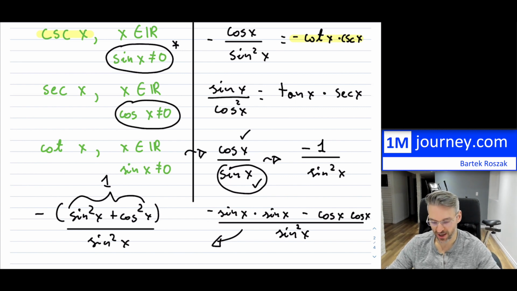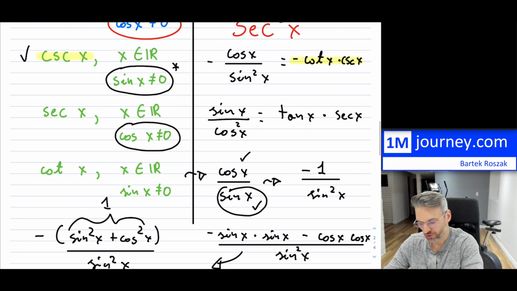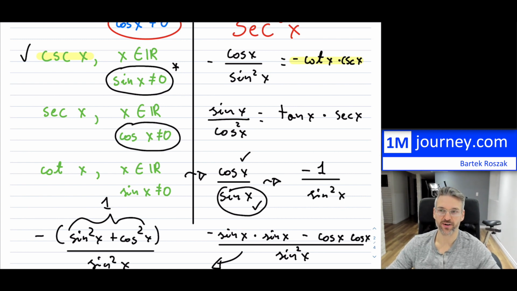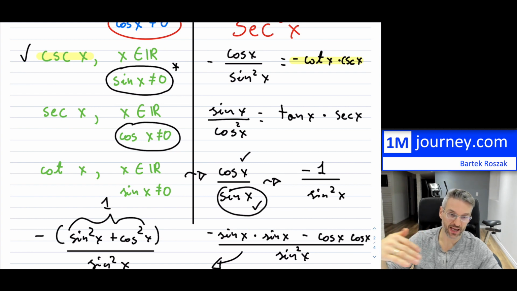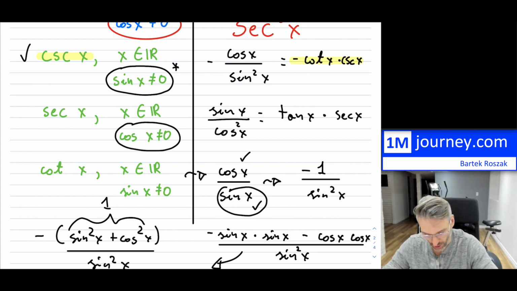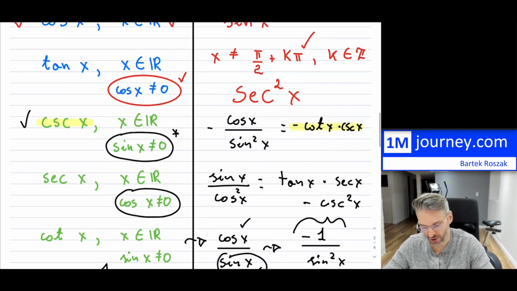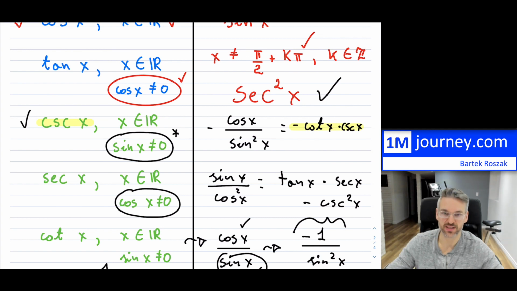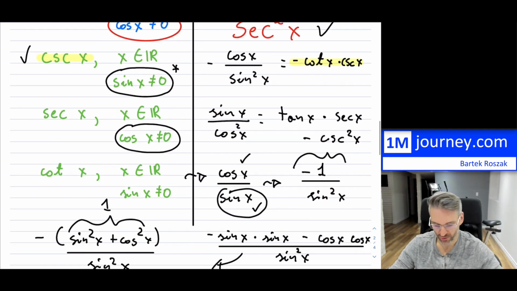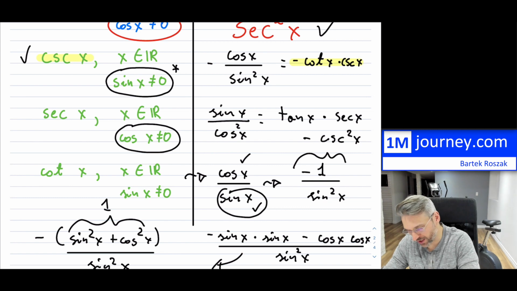Well, 1 over sine is cosecant, and because of the squared, all of this becomes negative cosecant squared x. So if you notice, tangent was secant squared x, while cotangent is cosecant squared x, but you have a negative in there. So that is something that you can remember.